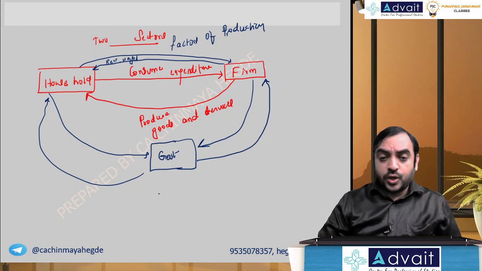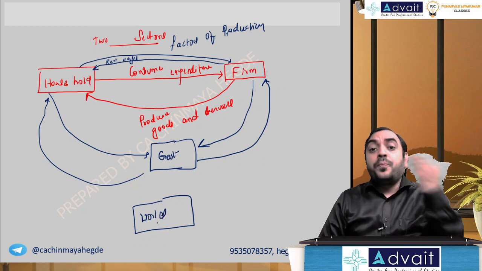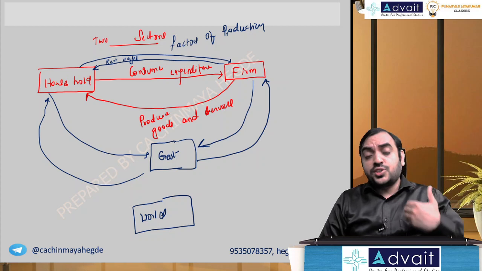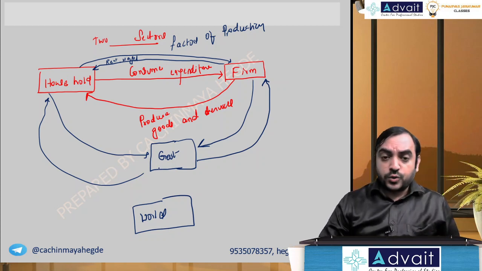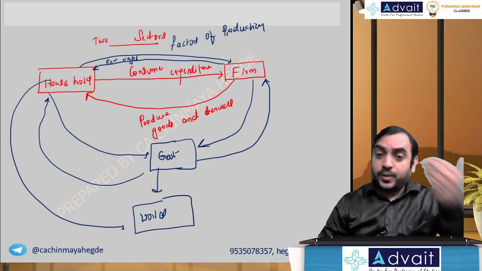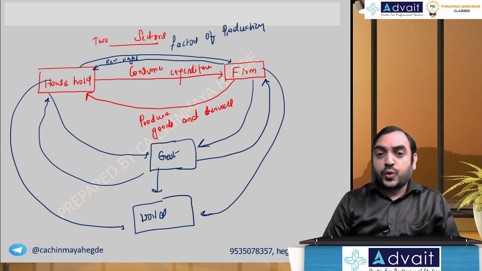What is the four sector model? You will have one more, that is outside India or world, rest of the world, where it will be an open economy. You will purchase even from outside your own country. So government also will be involved, household also will be involved. You make an import, you make an export, firms will do an export, they will sell outside your own country.